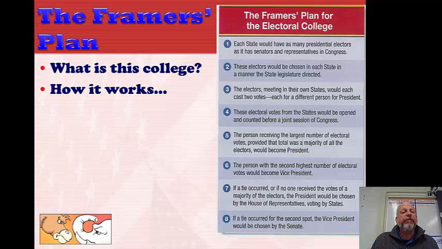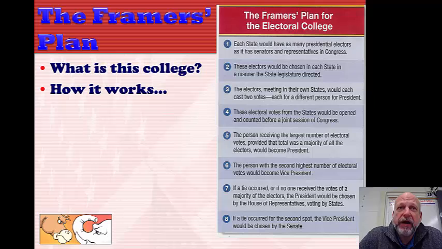Now, that number, 538, is spread across the United States based on sort of population. The reality is each state has the same number of electors as it has members in Congress. So representatives plus the Senate equals our electors.